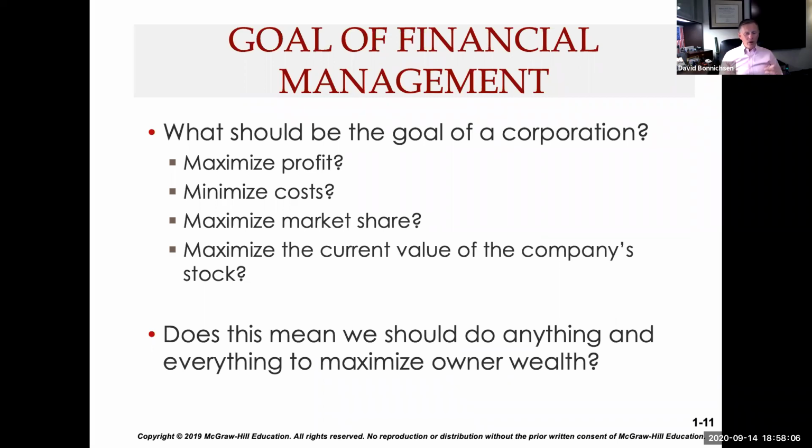So if we are maximizing the current value of the company's stock, then we should be focused on maximizing our profits, whether that's through additional revenue or through the 2nd bullet point of minimizing our costs, operating more efficiently, or through the 3rd bullet point of dominating a market.